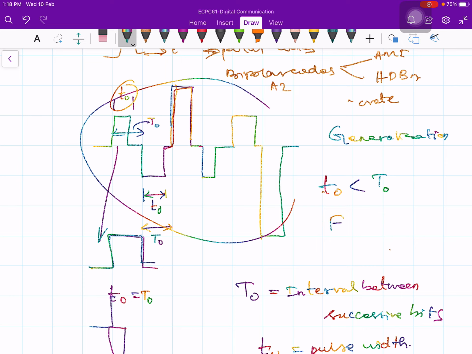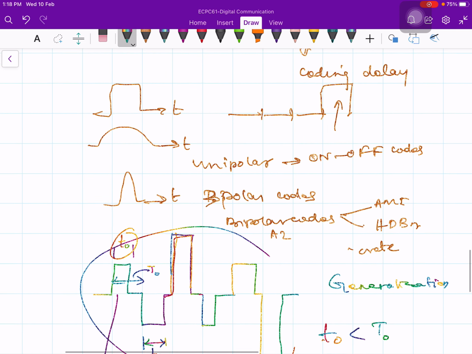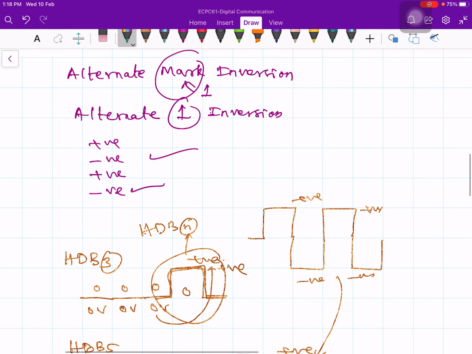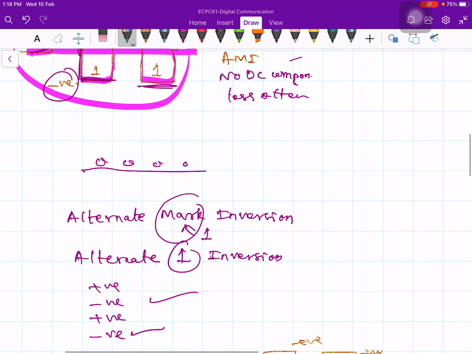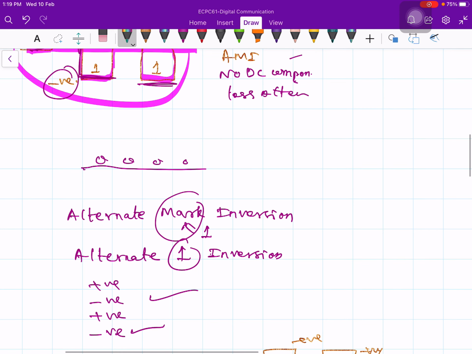If you recall, we can do the analysis by Fourier series or by autocorrelation analysis. So let me stop at this point. We will continue with the spectral properties of your line codes in the next lecture. Thank you very much.